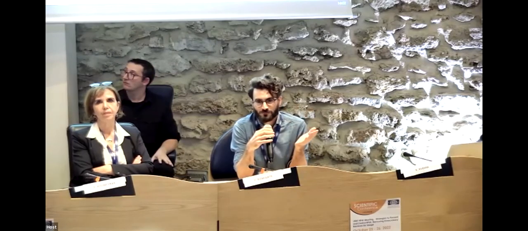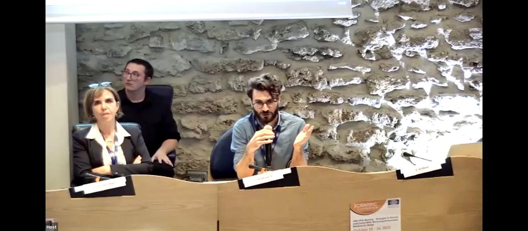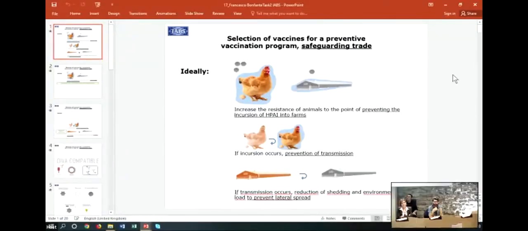Everyone's wish list for vaccine selection includes one major thing, which is to increase the resistance of animals by orders of magnitude. Because the idea is that we get animals that are vaccinated and resilient to infection at the animal level and premise level.